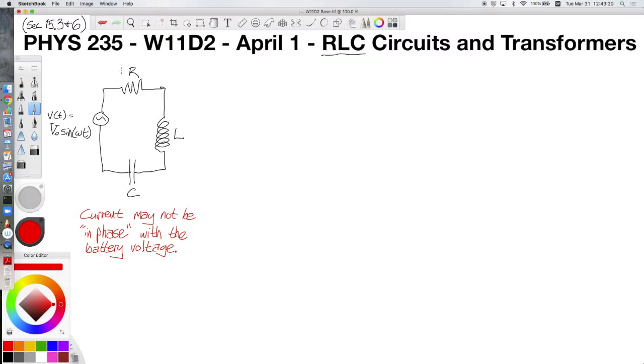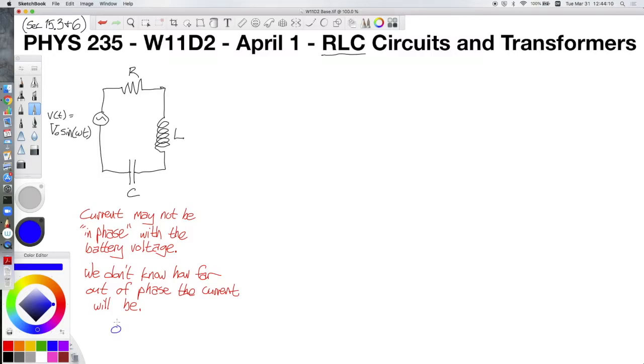So we have no reason to expect that the current will be in phase with the battery voltage, and we really have no idea how far out of phase the two might be. So we're just going to have to assign that a variable. We're going to define a new quantity that specifies how far out of phase the current will be, and we'll eventually learn how to solve for it.